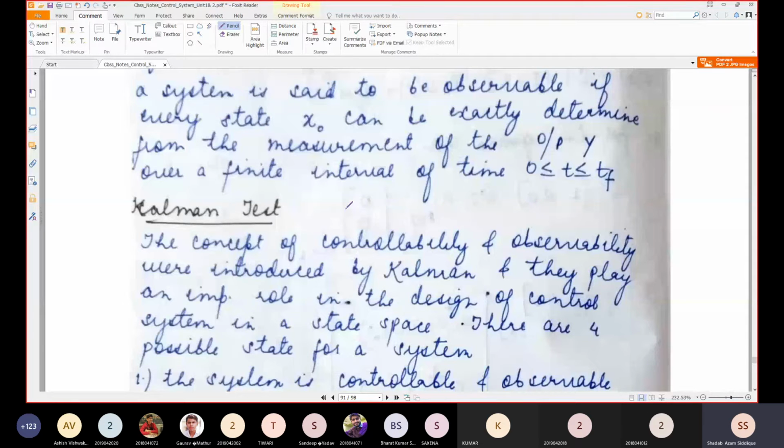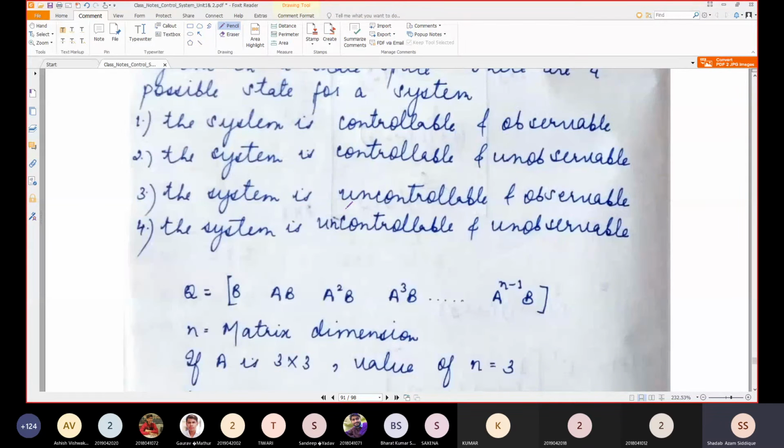One system will be controllable and not observable. Another will be not controllable but observable. And another will be neither controllable nor observable. These are the four combinations, and based on them you will be asked to find out whether the system is controllable or observable or not.